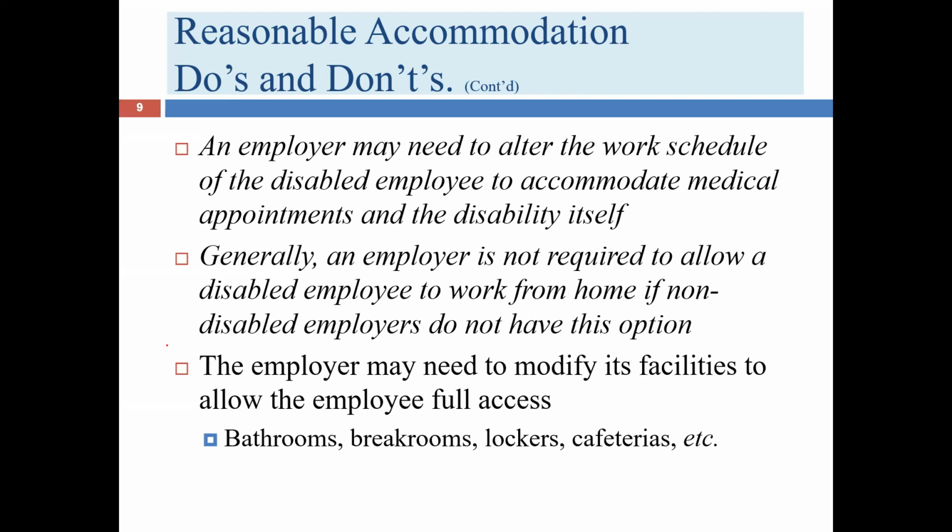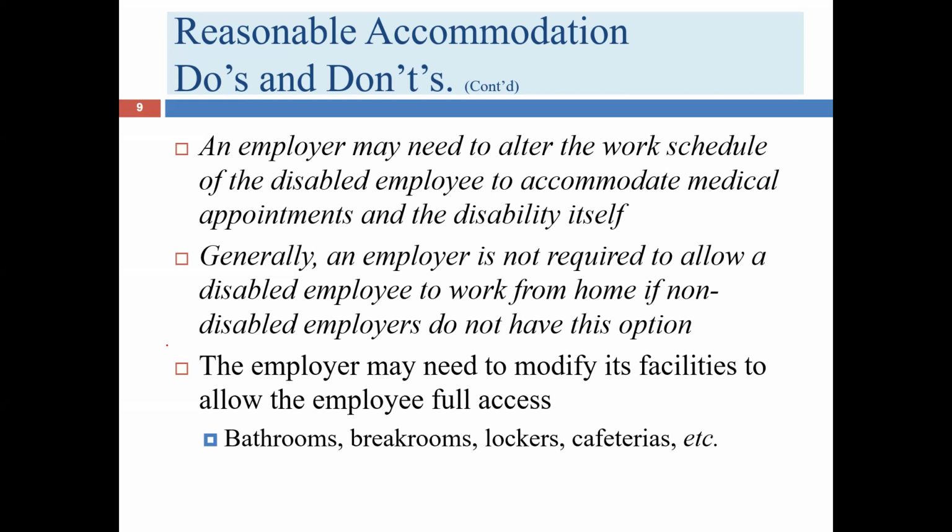You may need to change break rooms, make a locker that's accessible, put in ramps or elevators. Bathrooms can be issues if there isn't a handicap accessible bathroom. And even if there is a handicap accessible bathroom, this particular person's handicap may be different and may require a bit different solution than the generic handicap accessible bathroom.